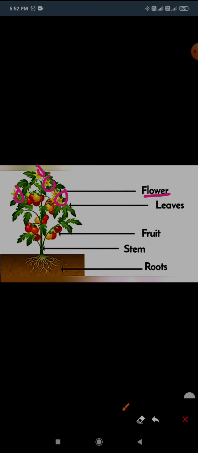Can you give me an example of a flower? In your textbook there are pictures of shoe flower, jasmine, zinnia, rose. Do you like rose? Aster, tulip, sunflower and marigold. So these are all names of flowers.